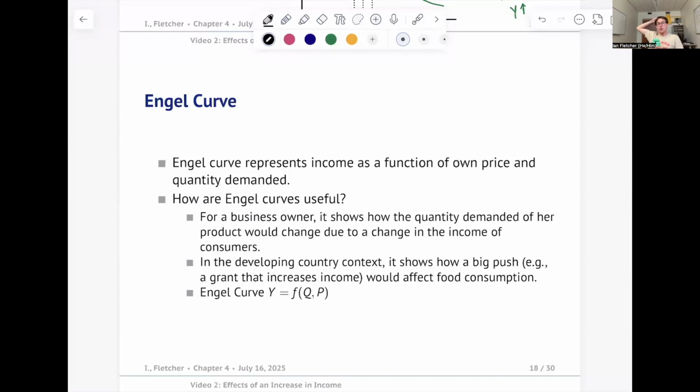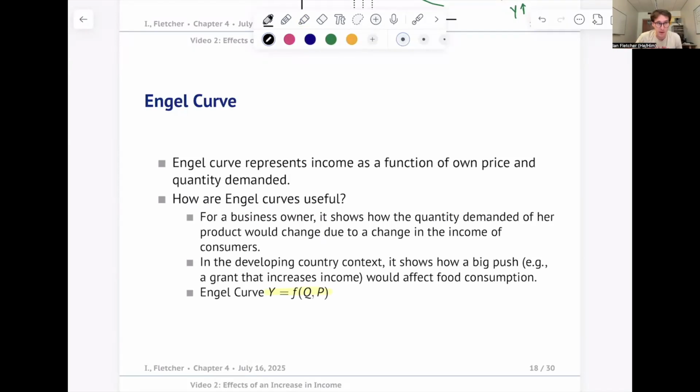What is going to happen to the quantity of goods that you are going to be able to provide? In a developing country context, it shows how a big push, like a grant that would increase income, would affect food consumption. But again, if you wanted to think of an implicit function, the Engel curve is essentially just going to change y as a function of quantity and price. And we're going to be keeping price pretty constant.